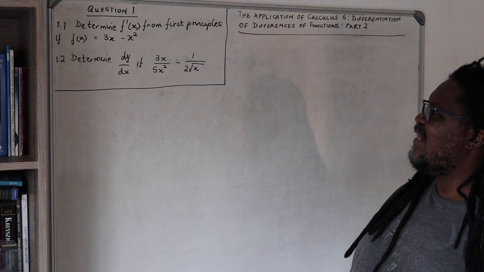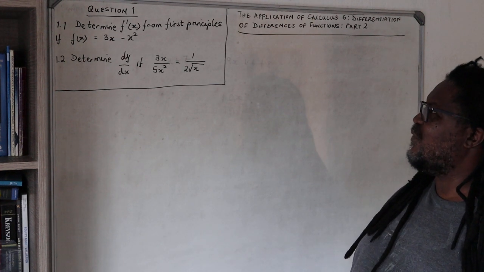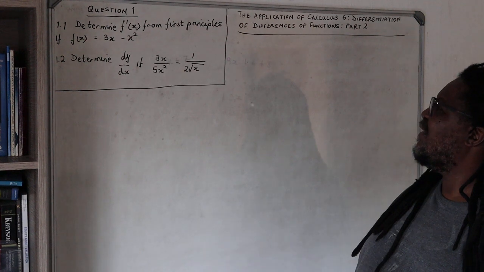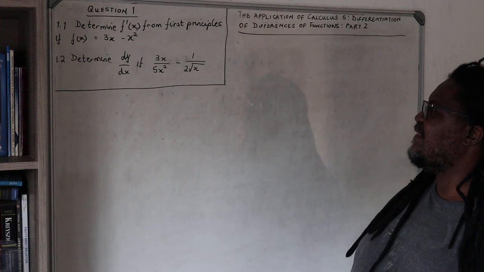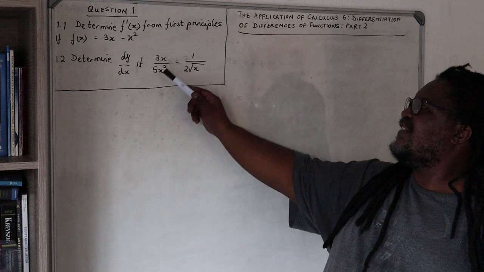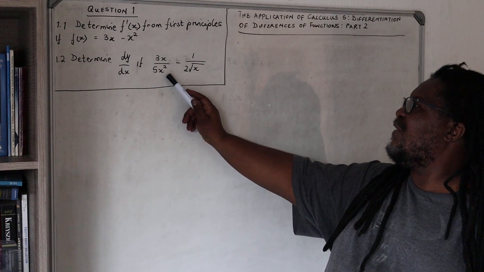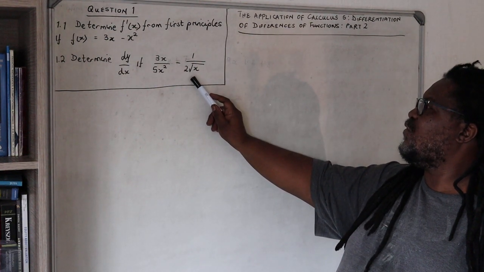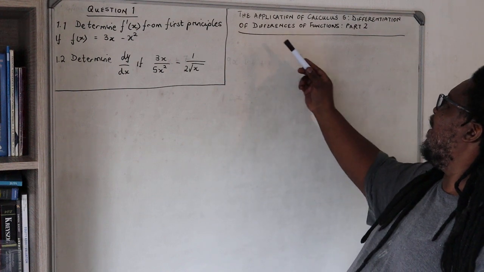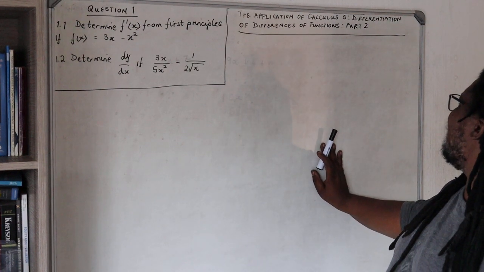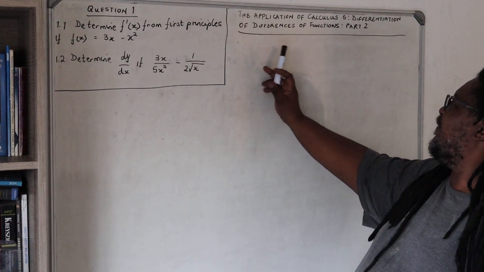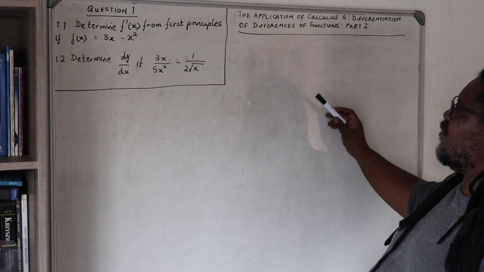We are going to now look at the second question of question 1, which is determine dy/dx if 3x over 5x squared minus 1 over 2 square root of x. And we are calling that the application of calculus 5, differentiation of differences of functions, part 2.